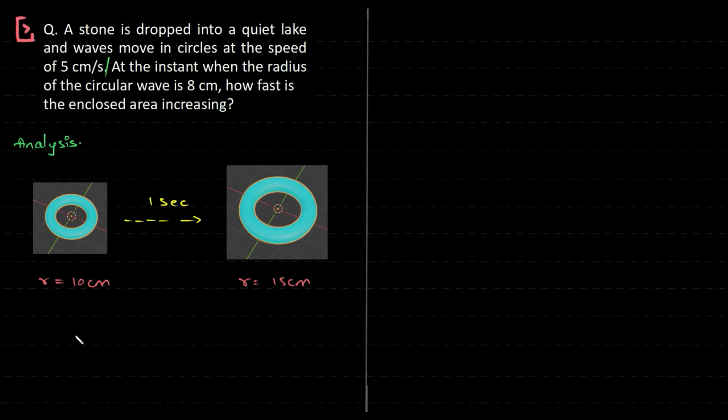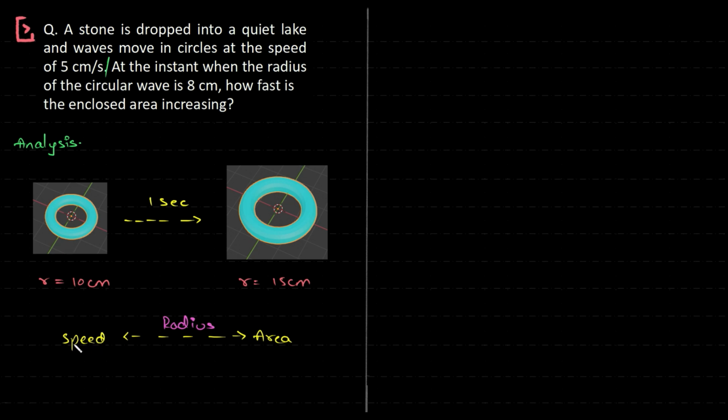So we have the quantity speed, the speed at which it's moving out, and the area. Which is the quantity that will link these? What can link this? Right, radius, is it not? Indirectly they have given the rate at which the radius is increasing.